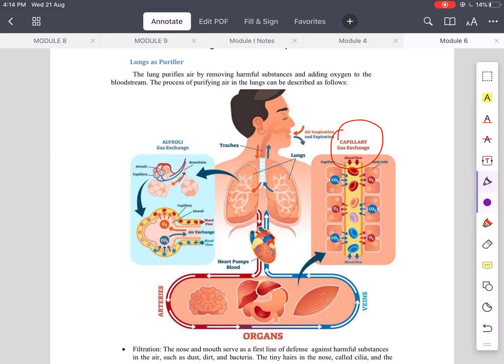At the alveoli level, we have a sac-like structure called alveoli. Your blood, which is coming out of this process, has an abundance of carbon dioxide. That carbon dioxide is picked up into the alveoli, and the air we inhale has an abundance of oxygen. That oxygen is delivered to the blood cells. So this is the major role of your lungs: gas exchange happening at the alveoli level and also the capillary level.